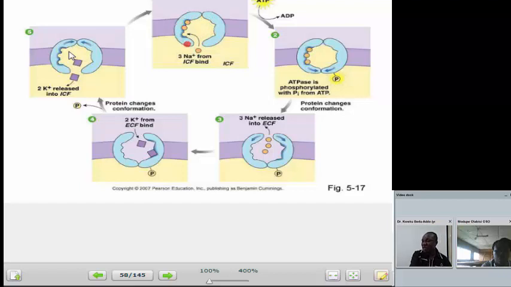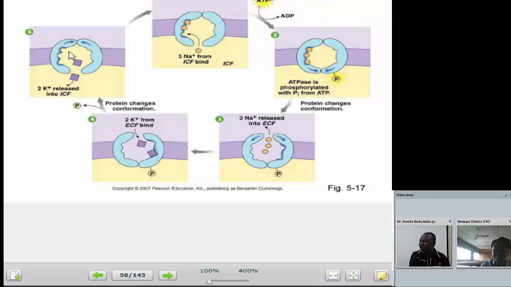In this conformation, which is the original conformation, the sodium-potassium pump has a greater affinity for sodium ions. So 3 sodium ions from the cytoplasm will bind to the pump. When sodium binds to the pump, it will utilize ATP. It will hydrolyze ATP.